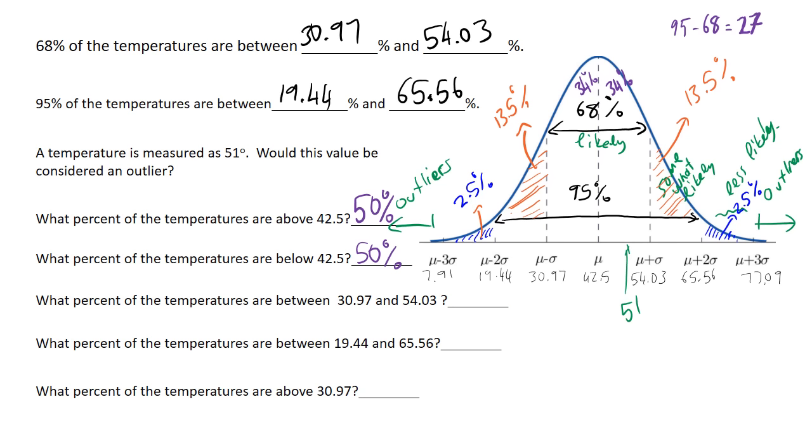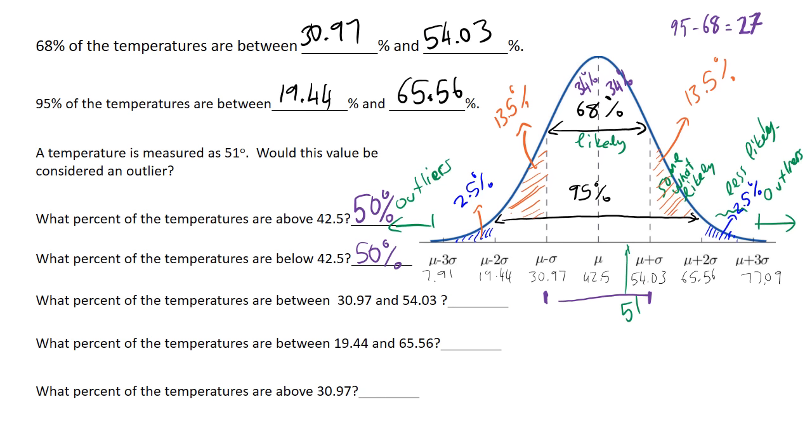Let's look at the next couple of questions. What percent of temperatures are between 30.97 and 54.03? When I look at 30.97, that is 1 standard deviation away from here, and 54.03 is all the way to here. That's 1 standard deviation away from the mean.